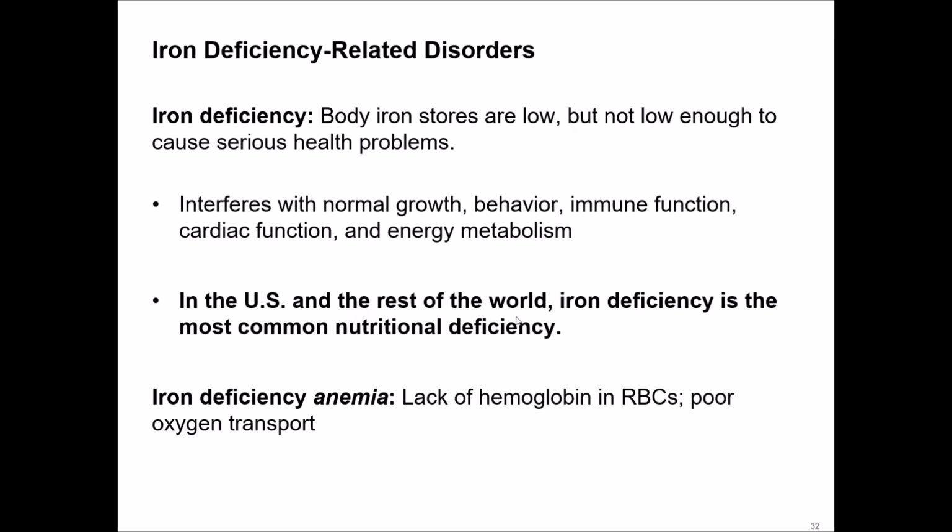And so according to your textbook here, in our area of the world, and really just about every place, iron deficiency is the most common nutritional deficiency that individuals suffer from. And that's because there are different types of anemia that can cause some problems with having iron, not getting enough protein, not getting enough sources of iron. Good, healthy sources of iron can lead to some type of iron deficiency.